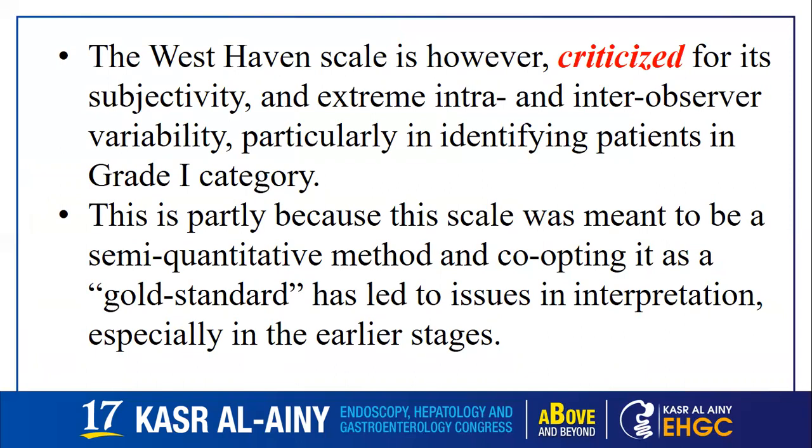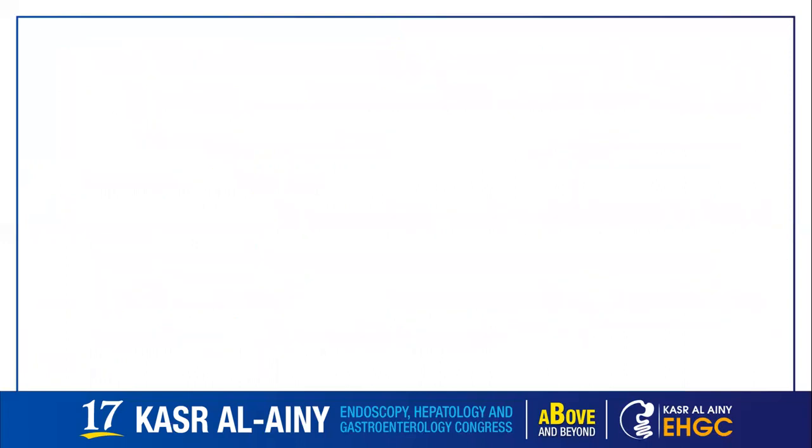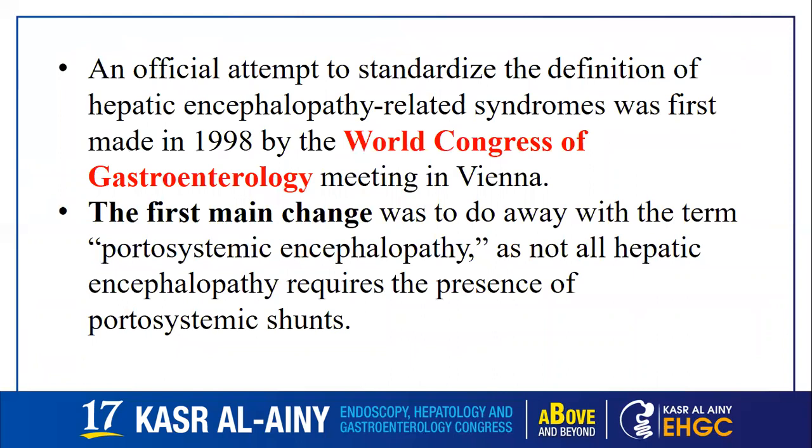So we tried to invent a semi-quantitative gold standard to make it more reproducible. This was achieved through the World Congress of Gastroenterology in 1998, and they stated some changes. One of them is that the terminology of portosystemic encephalopathy should not be used anymore, because not all hepatic encephalopathies require the presence of portosystemic shunts.